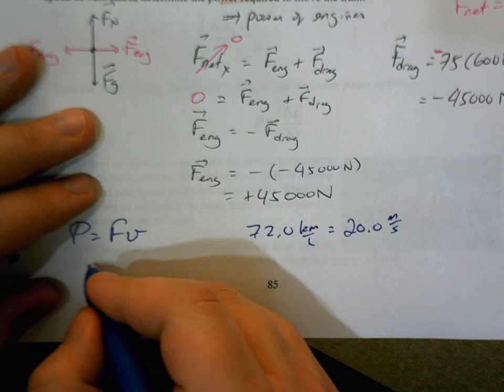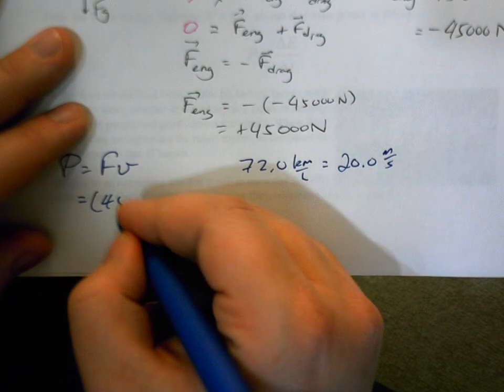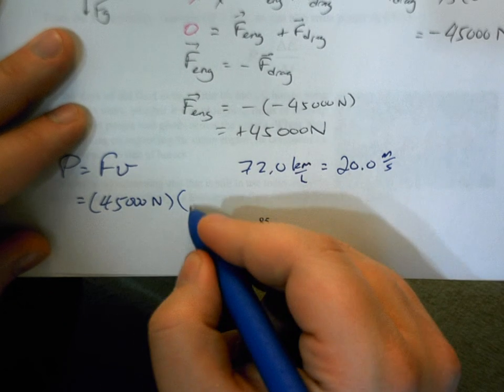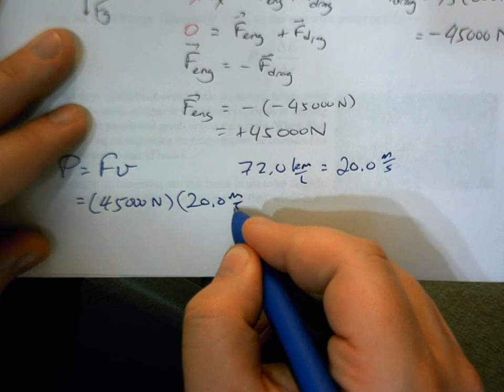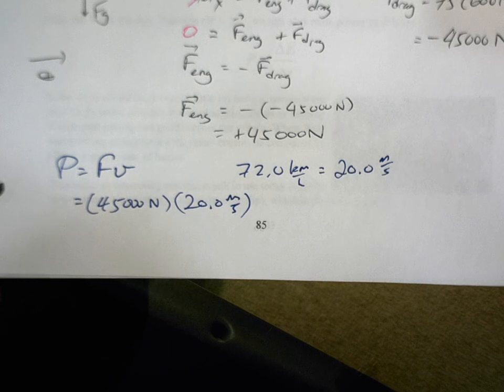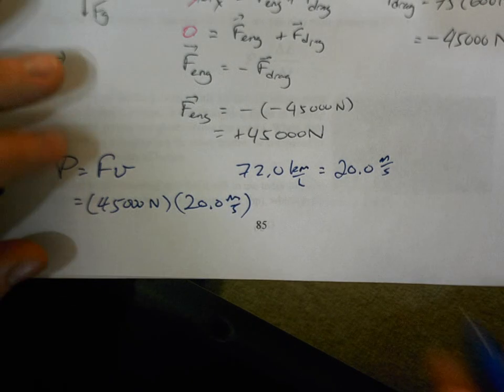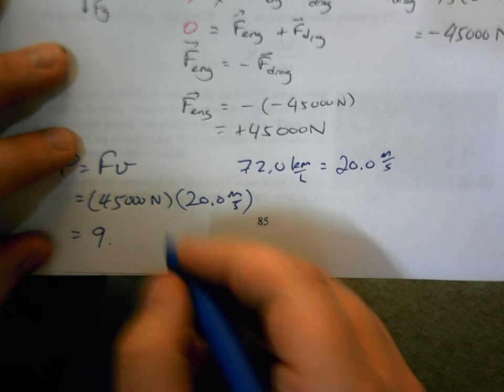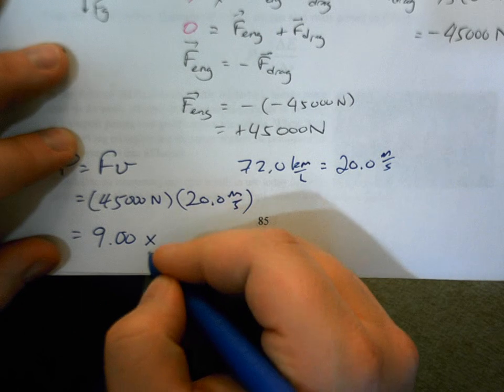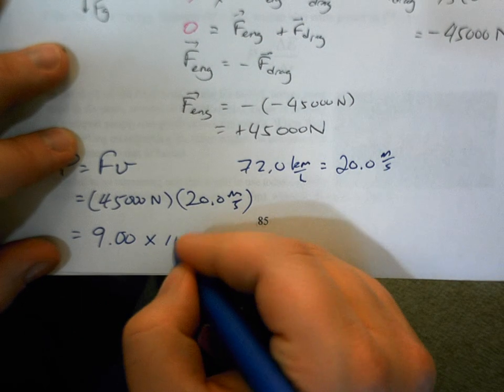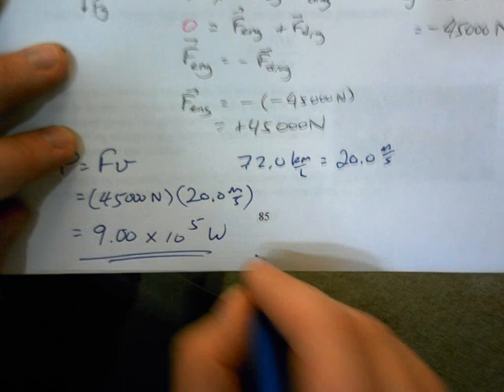So my engine has a force of 45,000 newtons, and it's moving at a grand old speed of 20 meters per second. This is going to give us a power output of 9 times 10 to the 5 watts.